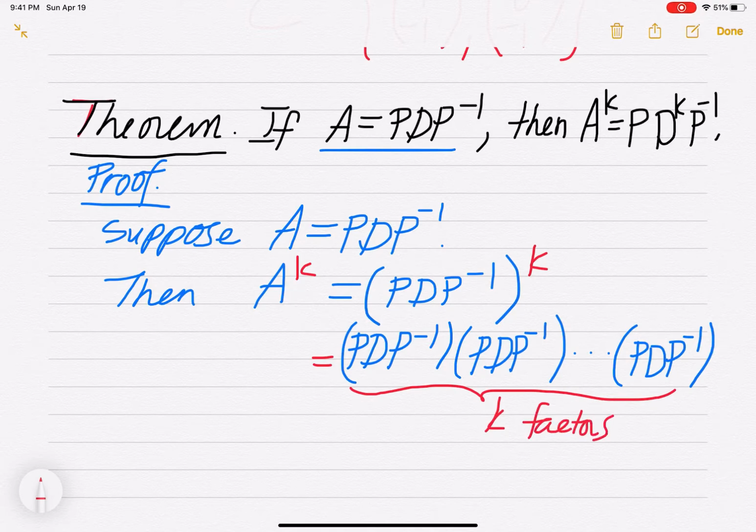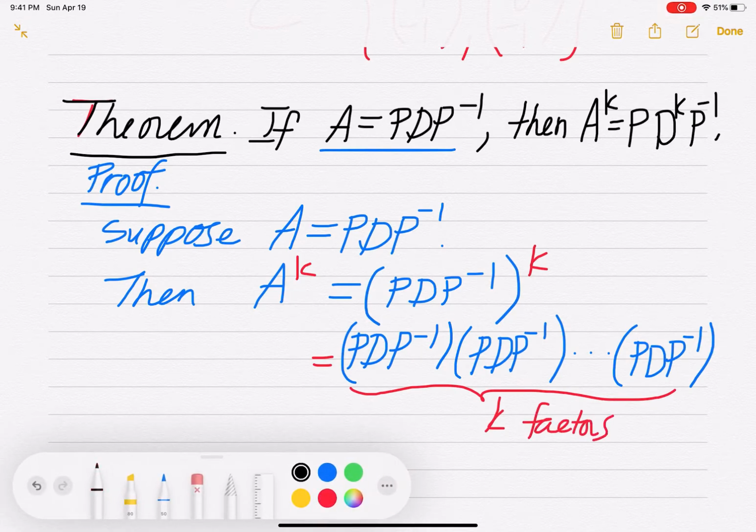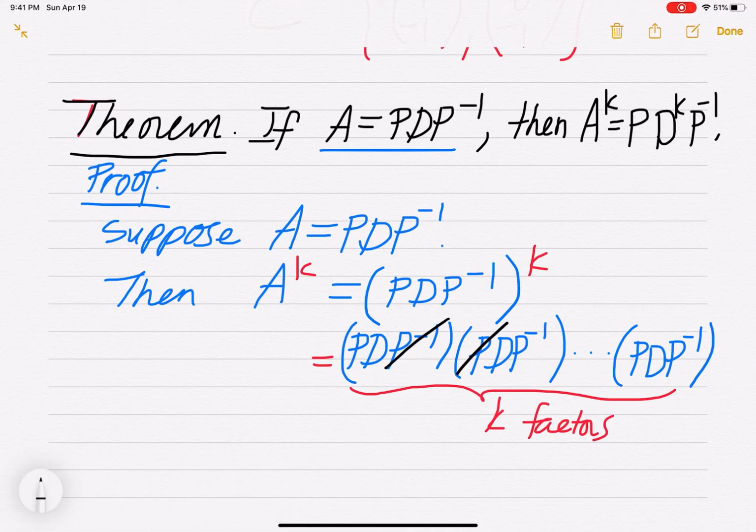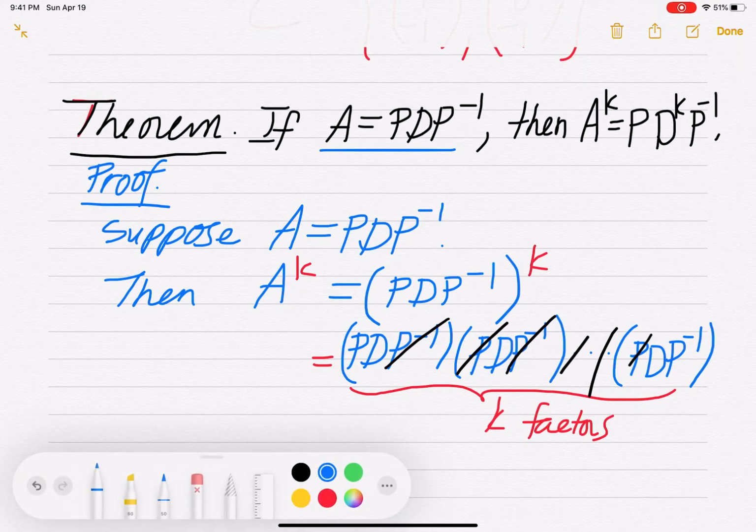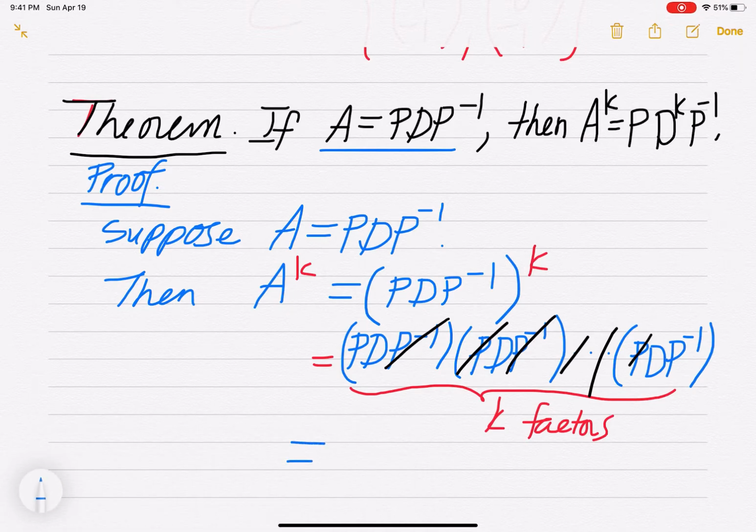And if you notice carefully, the P inverse and the P are going to cancel. And then this P inverse is going to cancel with the P in here. And this P is going to cancel with the P inverse that comes before it. So all the P inverse P's that are next to each other are going to cancel, or they're going to become identities. So this is equal to P, a bunch of D's, dot, dot, dot, and P inverse.